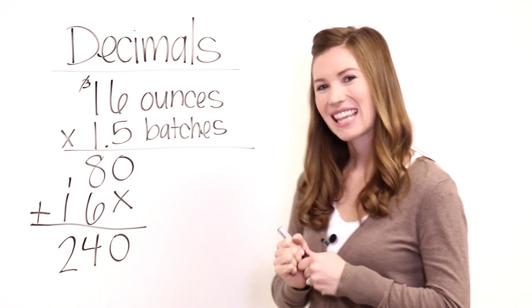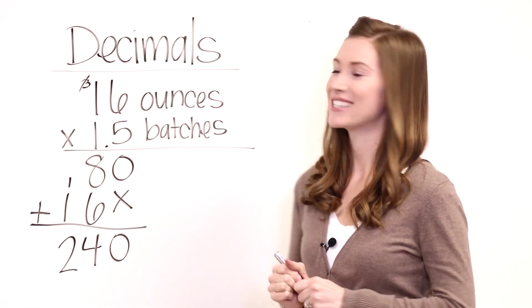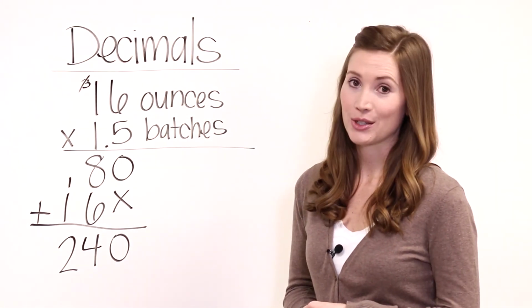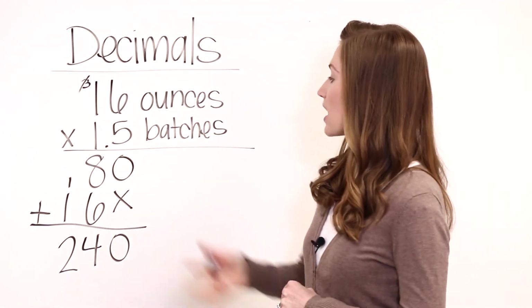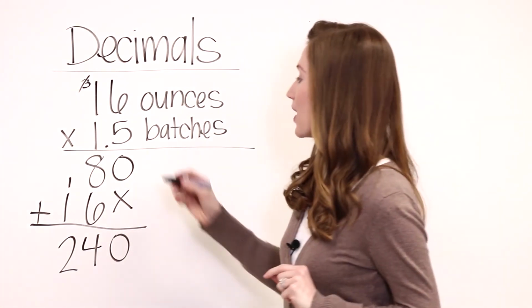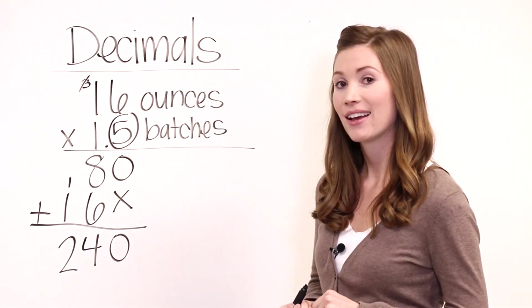Now, what's that last step we need to do? Oh yeah, account for our decimals. So in 16 ounces, there's no numbers to the right of our decimal. What about in 1 and 5/10? If you said 1, you're correct. There's one digit to the right of our decimal point.